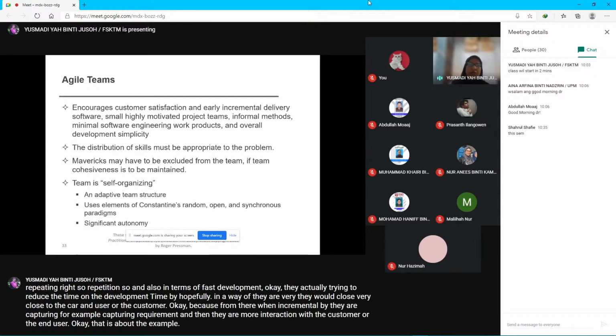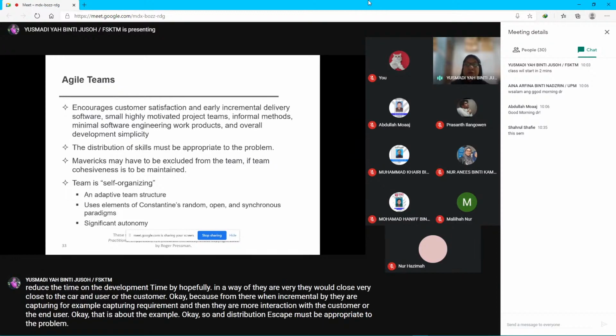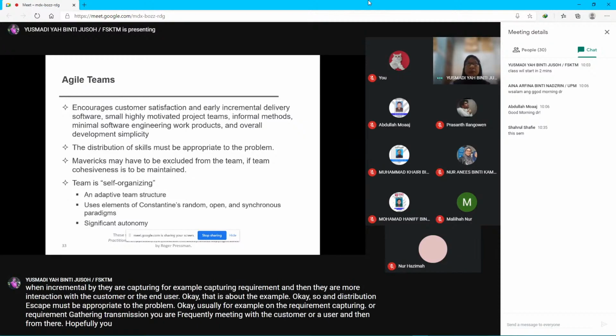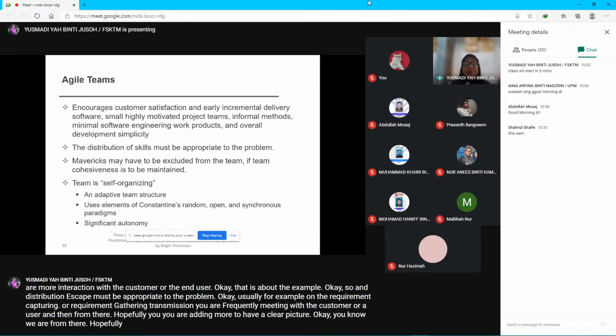Okay, so distribution of skill must be appropriate to the problem. Usually, for example, in requirement gathering, as mentioned, you are frequently meeting with the customer or end user, and from there, hopefully, you add more to have a clear picture, which gives a better advantage for the developer.